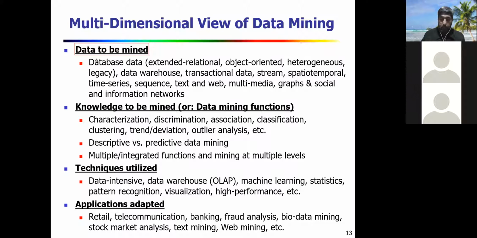So based on the type of data or the data that you are mining, you can call it relational data mining or web data mining. Web actually is also an application area. You can call it graph data mining. So this is all based on the type of data on which you do data mining. You might have heard these names before: graph data mining or relational data mining and temporal data mining. So all of these terminologies are based on the type of data on which data mining is done.